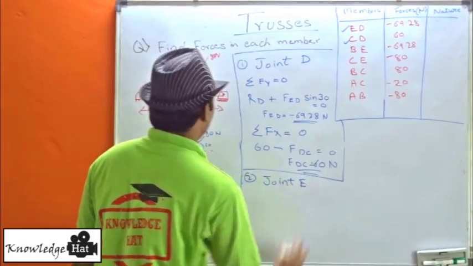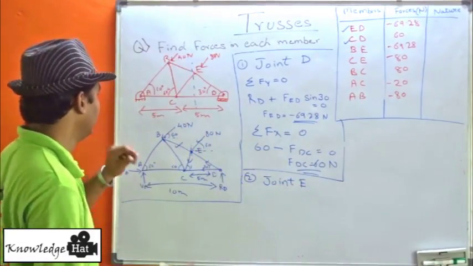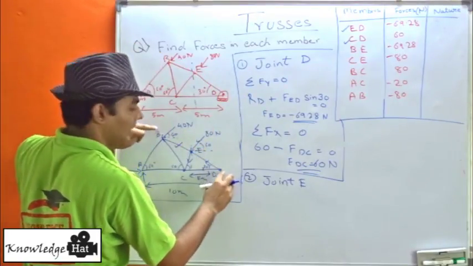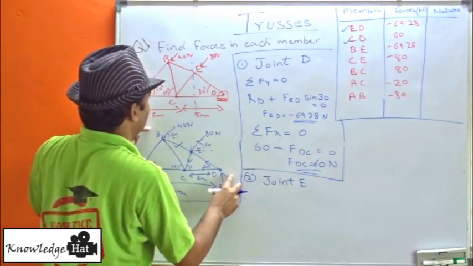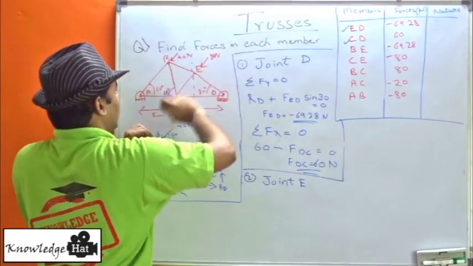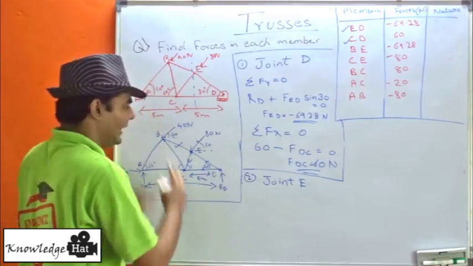For joint E, we will take this line BD as a local x-axis, and these forces which are perpendicular to it would be on local y-axis.